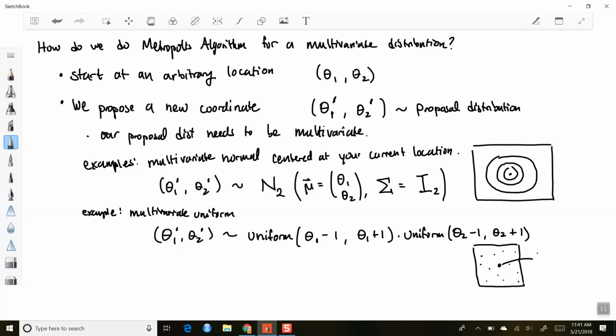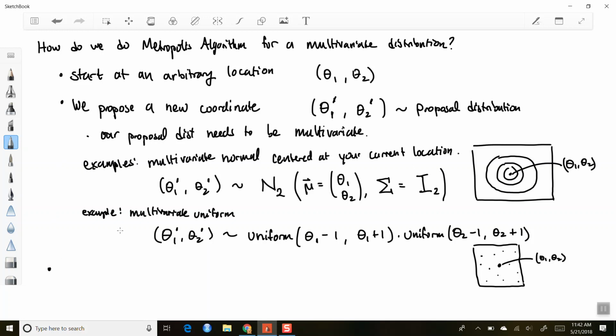So this is your coordinate theta 1 comma theta 2, and right here is your coordinate. So you just have some distribution centered there, right? Okay. And then, all right, so Metropolis algorithm. You propose a new value, theta 1 prime and theta 2 prime.